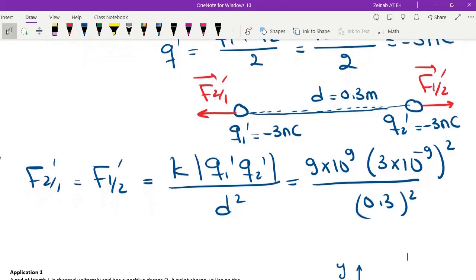This will give me a value of 9 times 10 to the power minus 7 Newton. If we compare this force to the force before equilibrium, before we made contact or used the conductor between them, we find that the force now is smaller than the previous force. Okay, it's smaller because the values of the charges were 12 and 18, and became 3 and 3. So that's the reason.